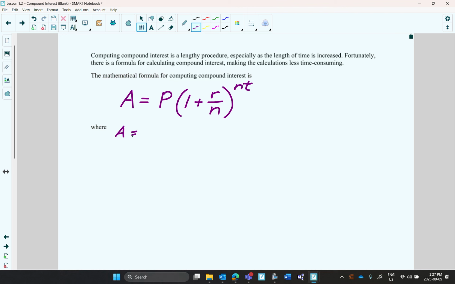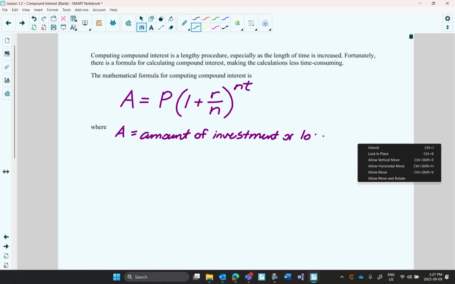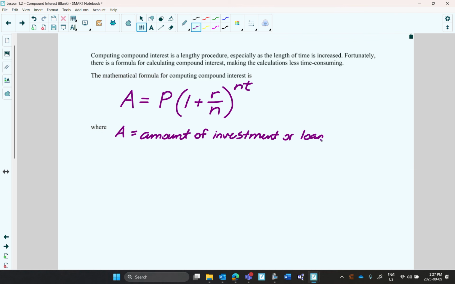What do all these others mean? A is your amount of, well, investment if you invested money, or loan if you borrowed money. So that's the total amount. Whatever you invested and whatever interest you got, or whatever you borrowed and whatever interest they charged you. P is still the same as we did before, it's the principal.